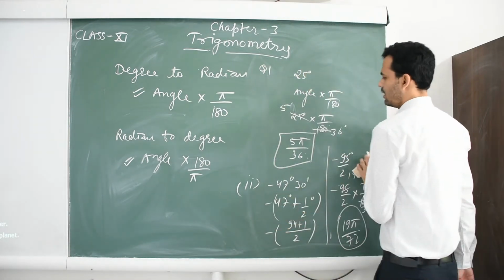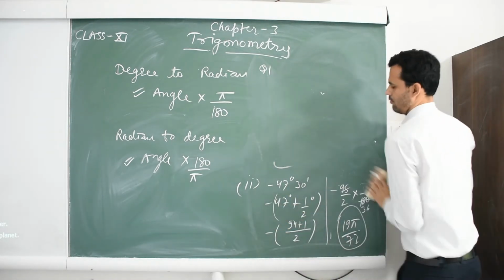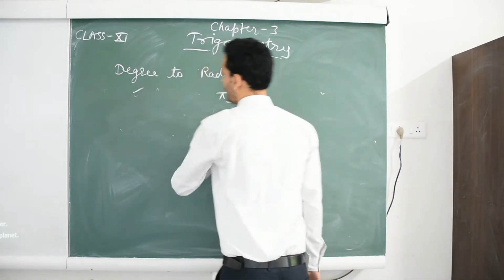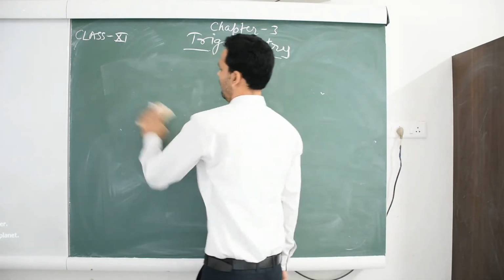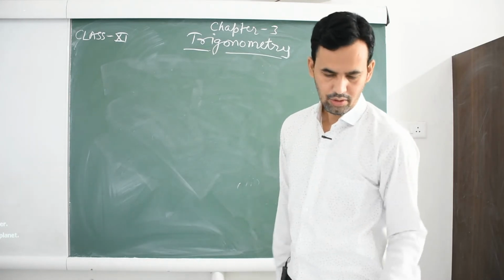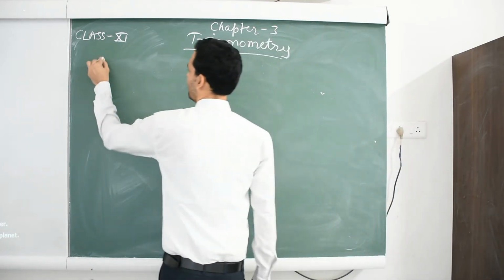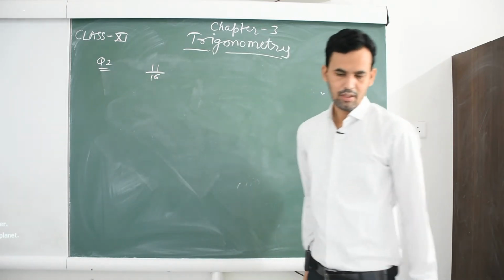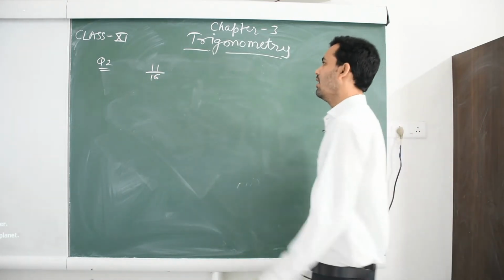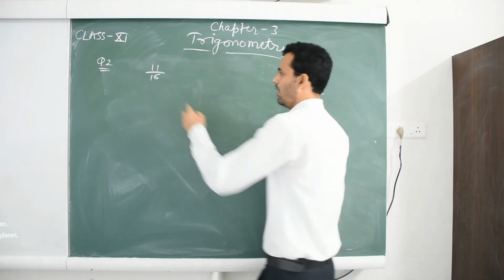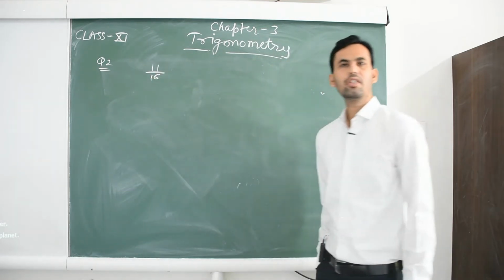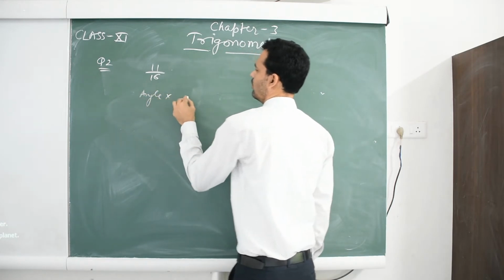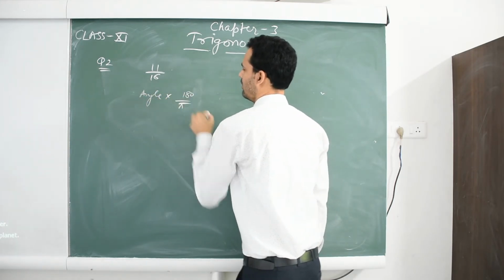Now question number 2. In question number 2, we have to change these angles from radians to degrees. The angle is given in radians, 11 by 16 is the value of the angle, and here we have to change this radian into degrees. So the formula is angle into 180 upon pi.